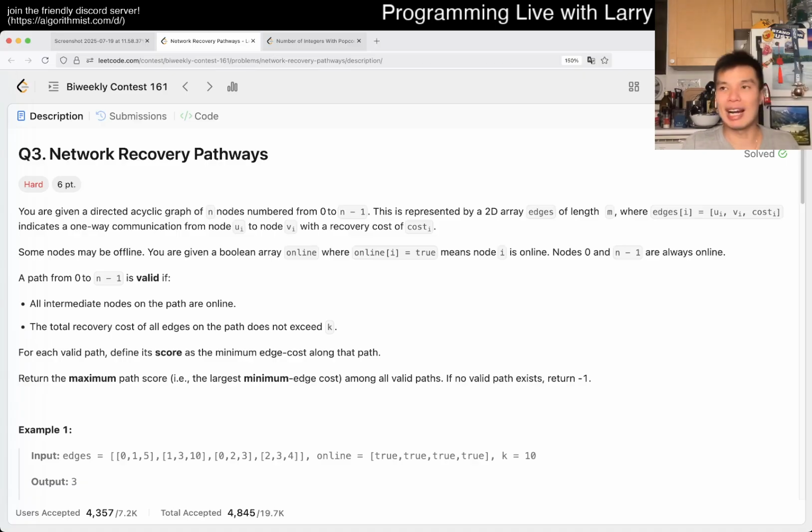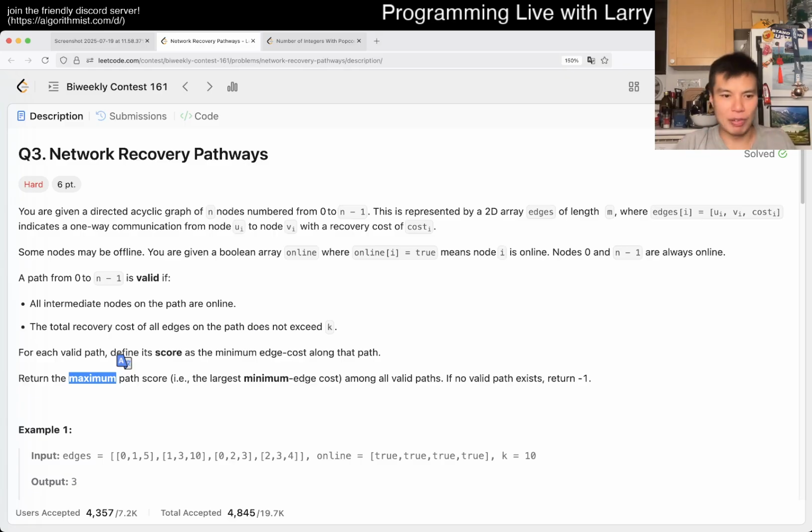The way that I think about it is that if we calculate the shortest path, that gets us to figure out whether a path exists. But the problem with a shortest path is that if we do it on the total recovery cost so that it stays under K, it will probably also give us something that does not give us the maximum.